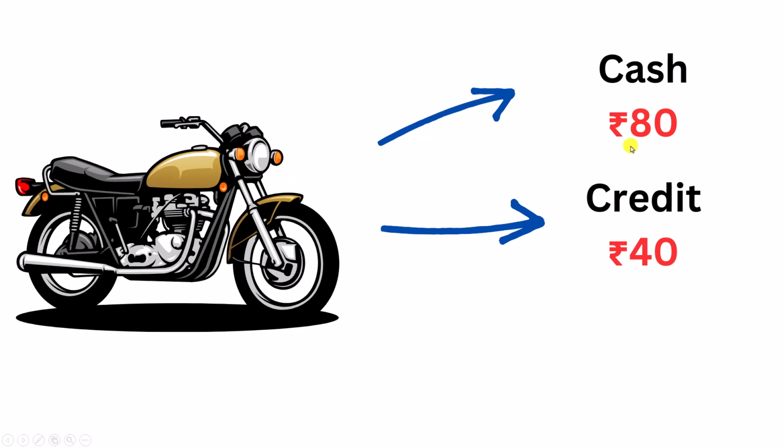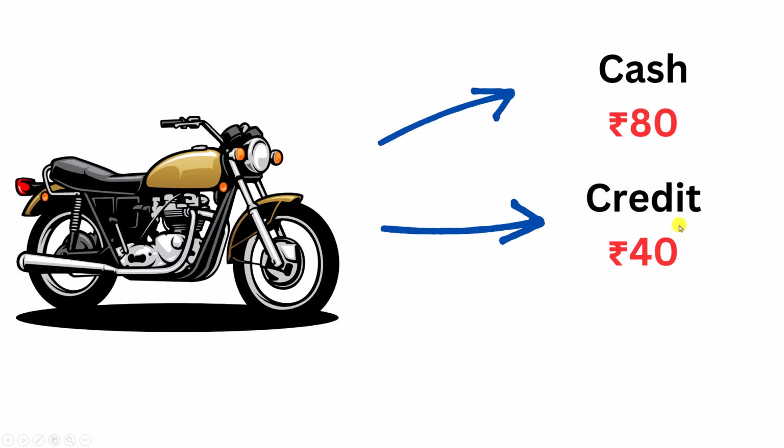Let us say that in the previous year, the company has sold vehicles worth 80 crore rupees in cash mode, meaning people have paid money and have taken the vehicle home. And the rest, 40 crore worth of vehicles, have been taken home by the customers, but the money is yet to be paid.